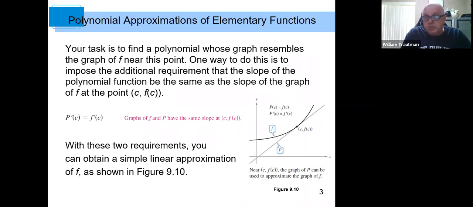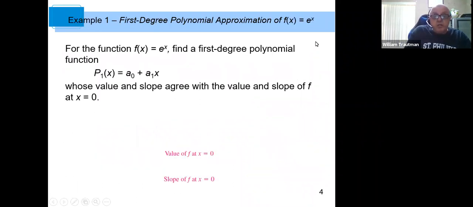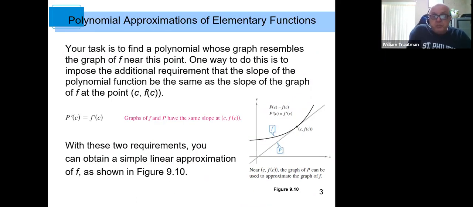So what we're looking at here, hang on, let me move this. What we're looking at here is we want to create a polynomial that is an approximation of a function that we're dealing with. If you look here, here's a curve, and then this is a line.